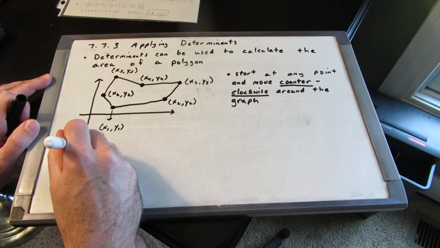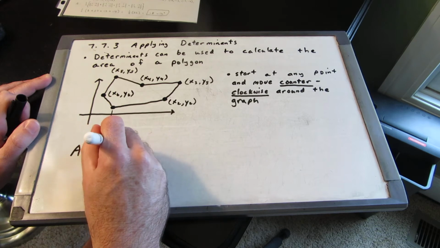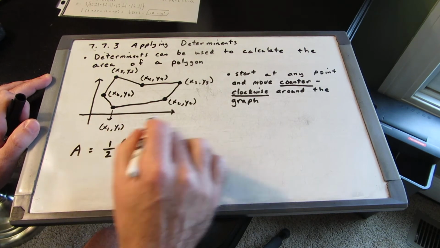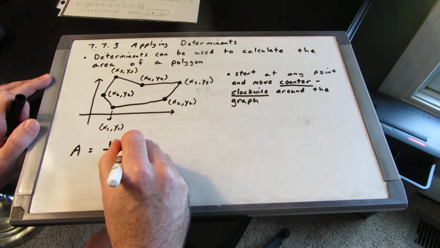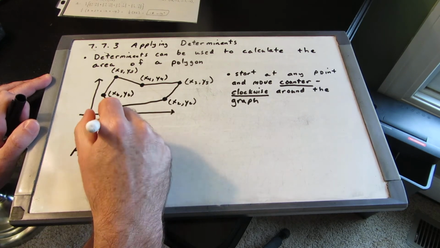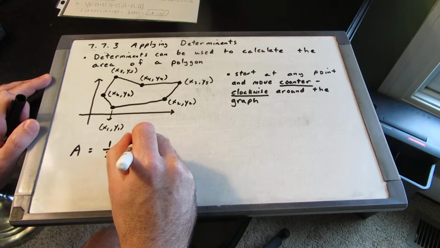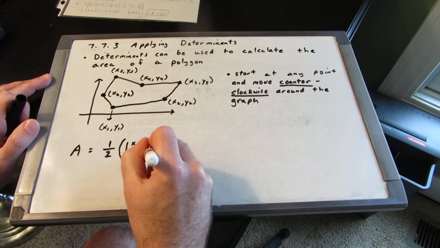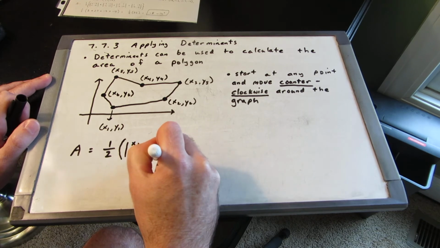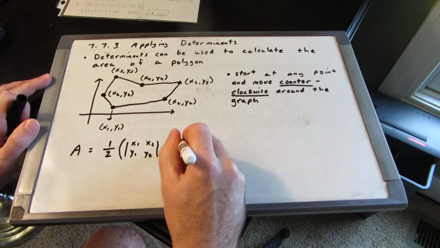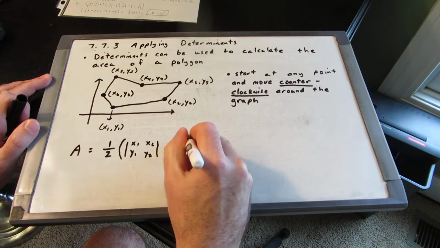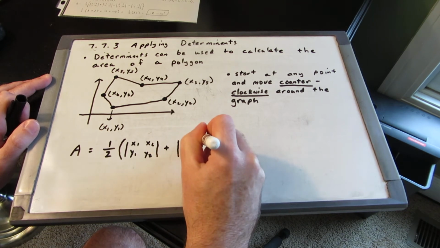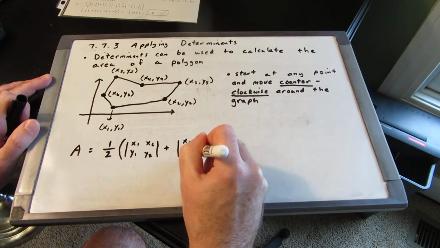So the formula is the area is equal to 1/2, and then you take all of these vertices and turn them into a 2x2 matrix. So starting at x1, y1, we have x1, y1, and then x2, y2. That's our first determinant, our first matrix. Then x2, y2, x3, y3.